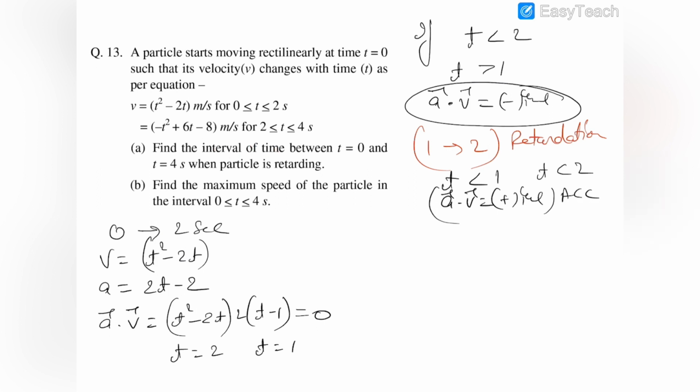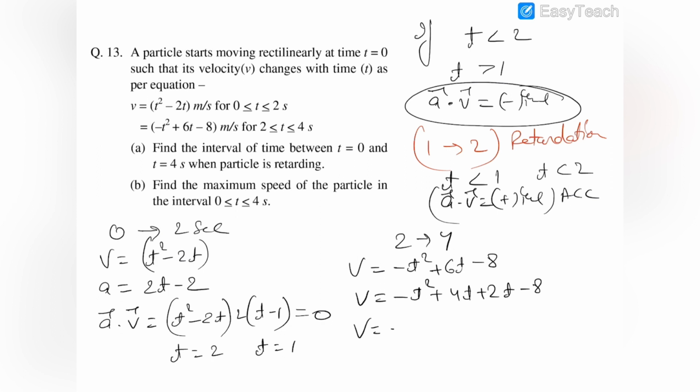Now in time 2 to 4 seconds, v is equal to minus t square plus 6t minus 8. You can write down v as minus t square plus 4t plus 2t minus 8. So v is equal to minus t into t minus 4 plus 2 into t minus 4.